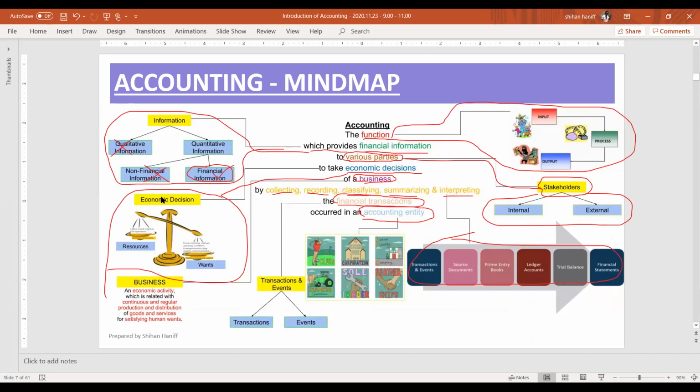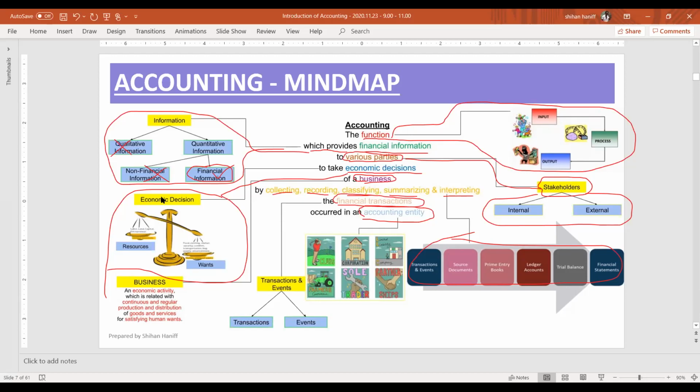So I want someone to tell me the full definition. I'll give 1 minute, go through fully and tell me the full definition. Now, when you think about the definition, when you think about the function, automatically the picture should come to your mind: input, process, output.